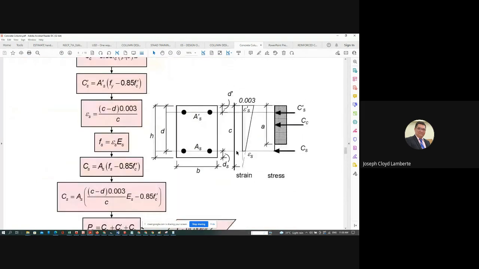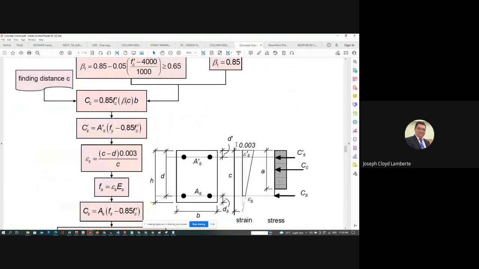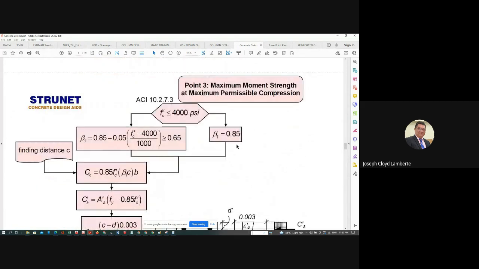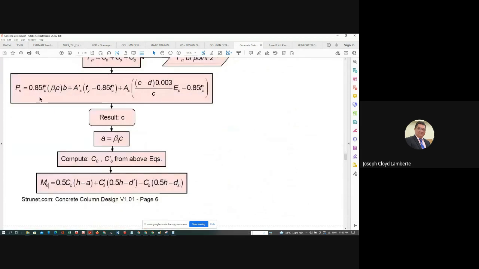So unsa man na, imo ra man gi-apply atong PN diya sa moment. So with this equation, makuha nimo ang C, makuha nimo ang A, makalculate nimo ang compression diya sa concrete.